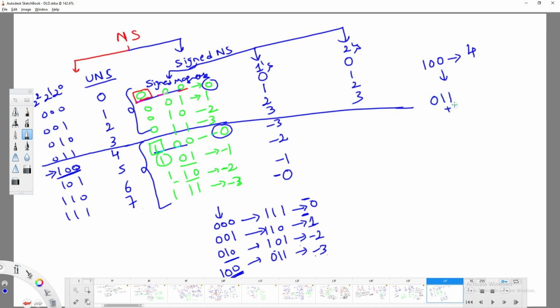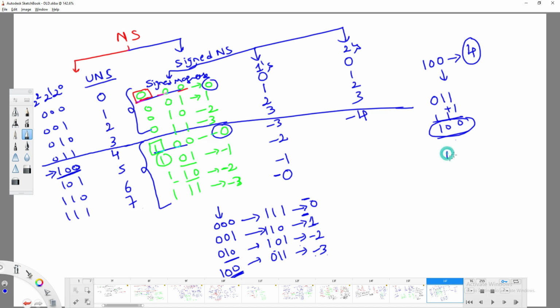If you add plus 1, you get 100. What is the meaning of this? Minus 4, right? You have given 4 as input, I am going to take its complement, and the complement of a number is the negative number, minus 4.